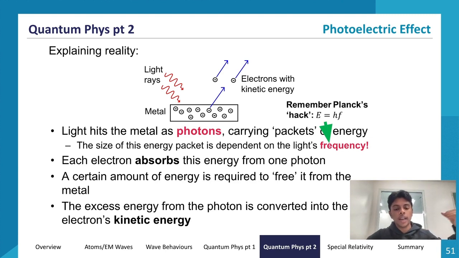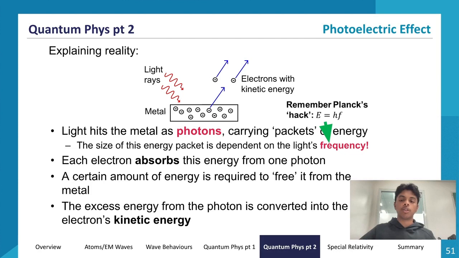Now, if the photon had an energy of 1 and it hits an electron requiring 1, it will leave the metal, but at 0 velocity. It will just leave the metal but won't travel anywhere, because it leaves with a kinetic energy of 0, since 1 minus 1 is 0. That's something you want to keep in mind. So the excess energy from the photon is converted into the electron's kinetic energy.